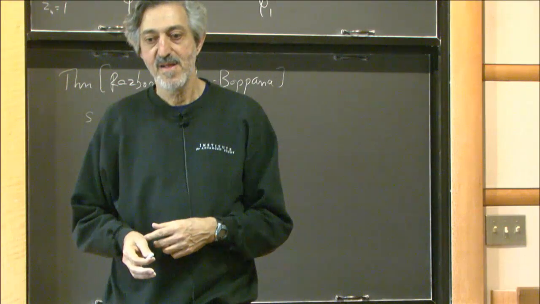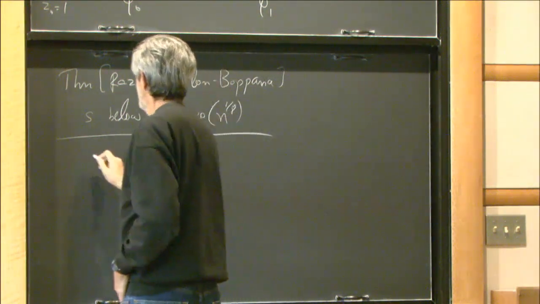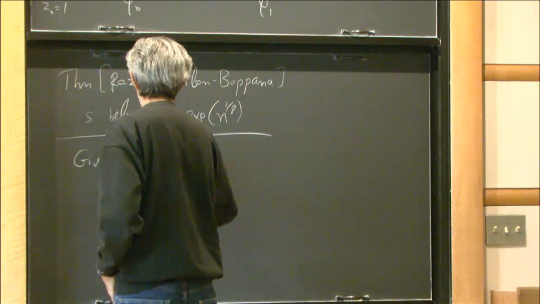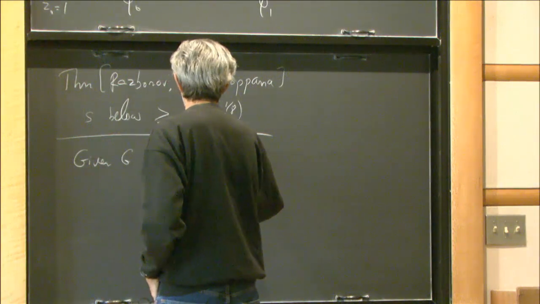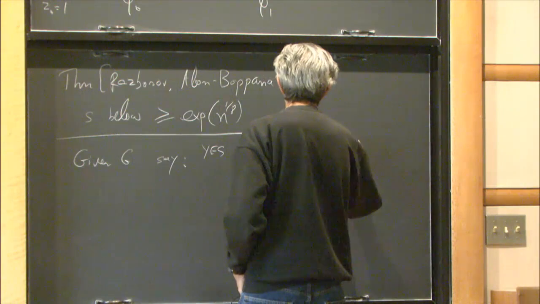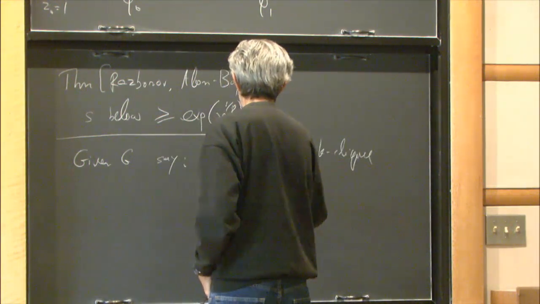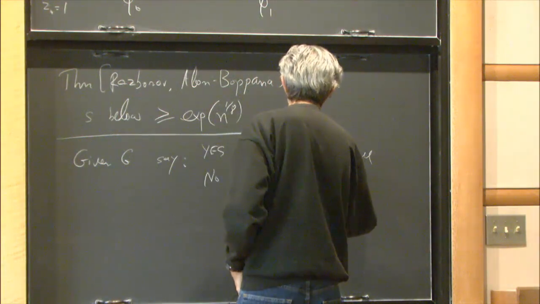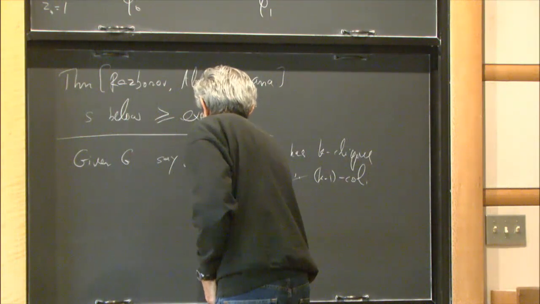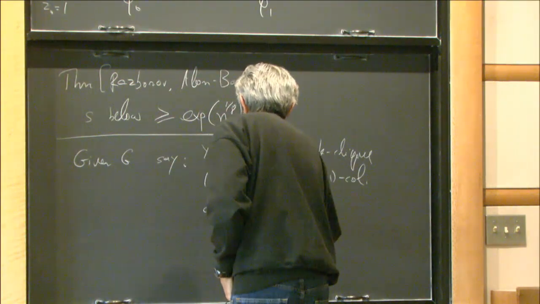Can you repeat the problem? The problem is, given G, say yes if G has a k-clique, no if it has a k minus 1 coloring, and anything otherwise.